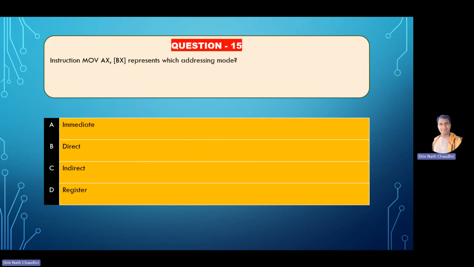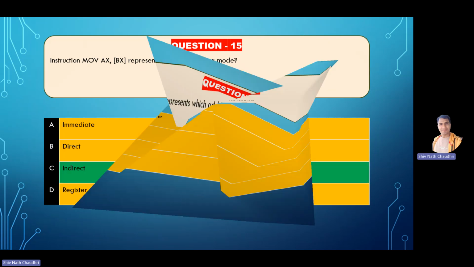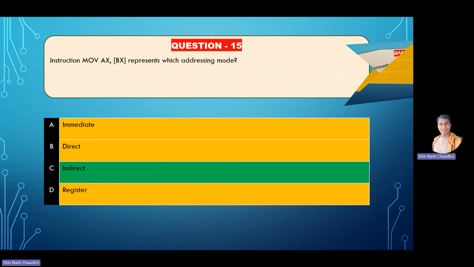But in this case, we are using BX for address purposes, so this instruction is related to the indirect addressing mode. So option C should be the right choice. Yes, this is the example of indirect addressing mode.